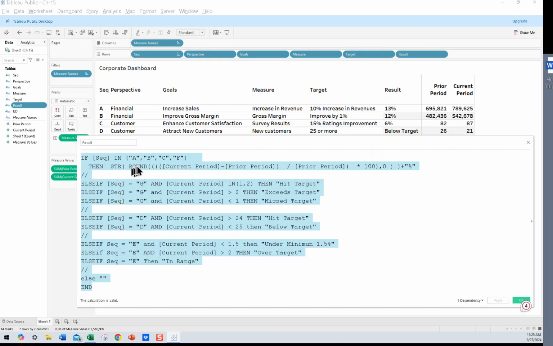And then we do the round comma 0 to get this down to the whole percent. And then we do the plus sign, percent sign. Because when we do this calculation, we need to convert it to a string and then add percent sign just to make it look right.